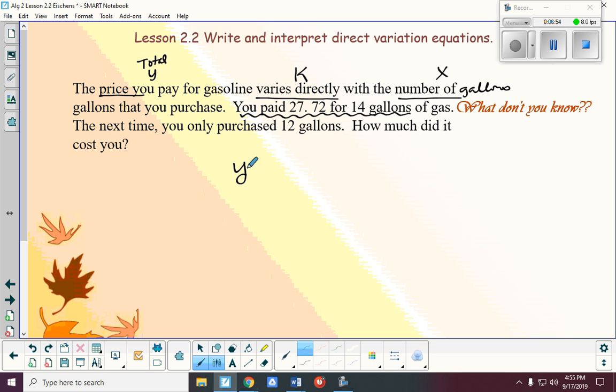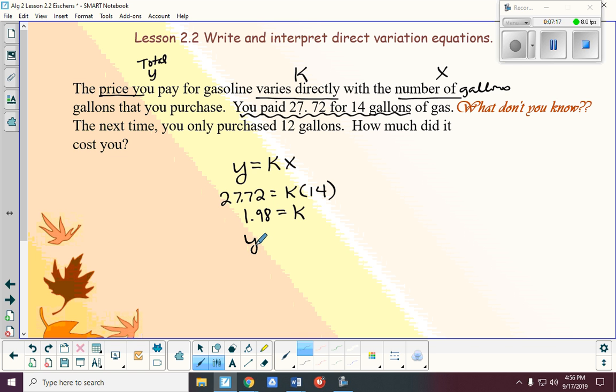So we start out writing our direct variation equation, just the general one. And then we'll substitute in the Y value and the X value. And to find K, we divide both sides by 14. So we get $1.98.